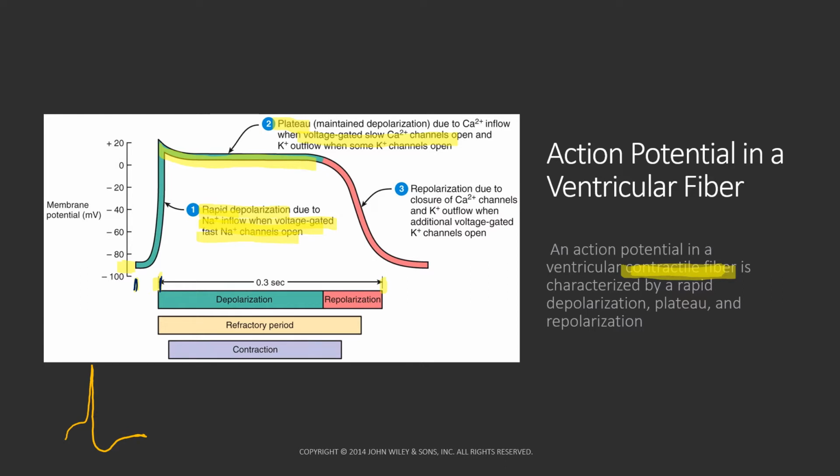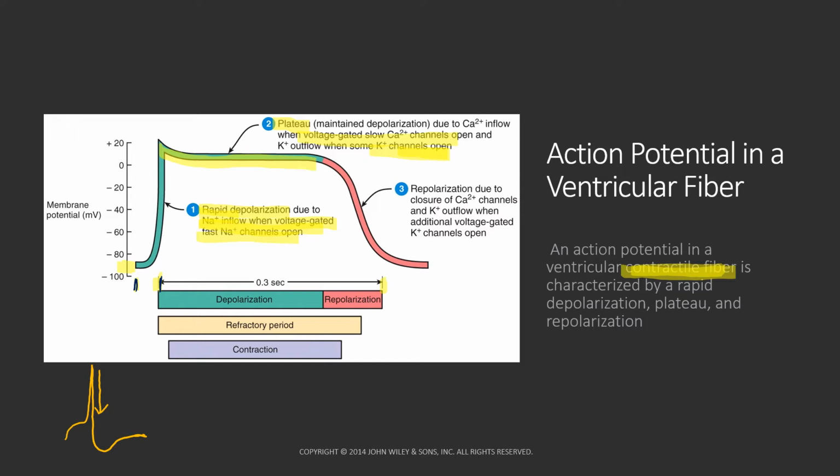We also have many different types of voltage-gated potassium channels within the sarcolemma of a contractile fiber. And so this sustained plateau of depolarization is really sustained because we have slow calcium influx, and it just balances that outflow of potassium. So instead of all the potassium rushing out and us getting this really sharp downward turn of the action potential, we're going to balance out that charge differential.